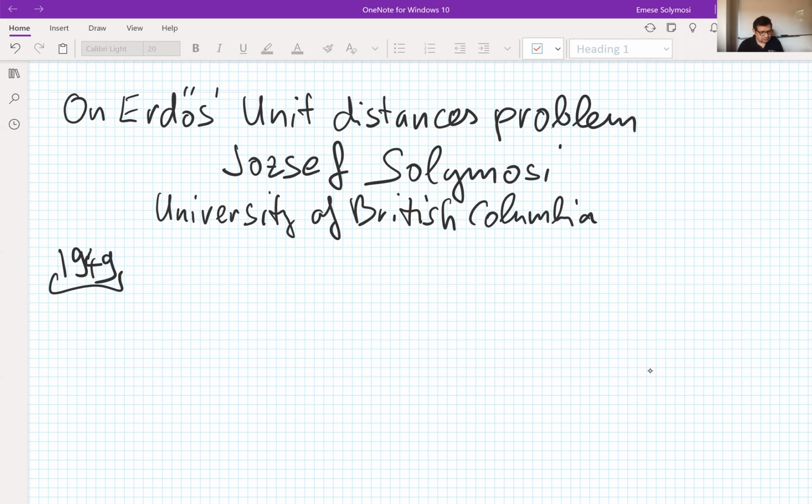But what I'm going to talk about here includes, of course, discrete geometry, but also tools from graph theory, from the theory of hypergraphs, and tools from algebra, even a bit of number theory, from time to time.